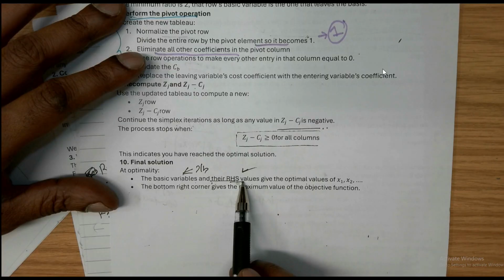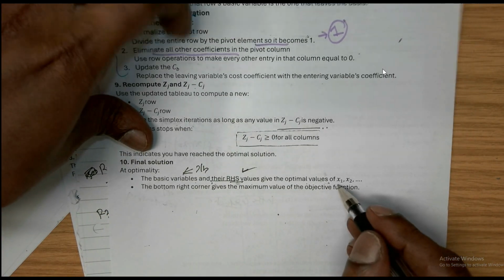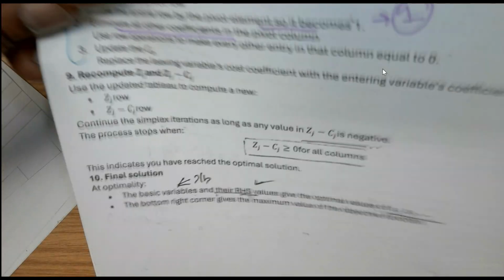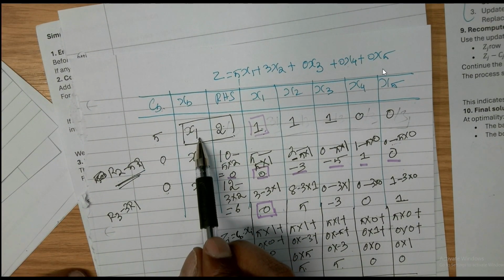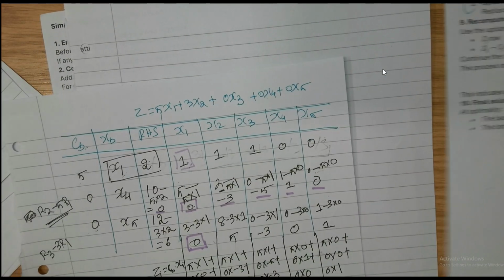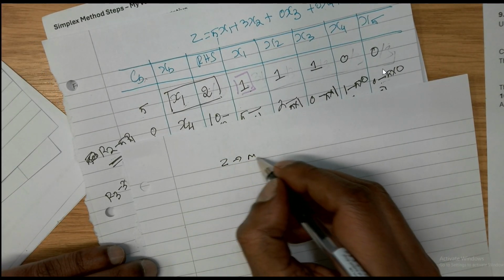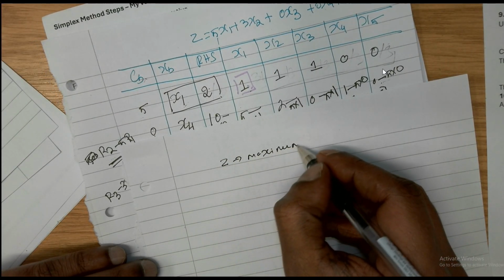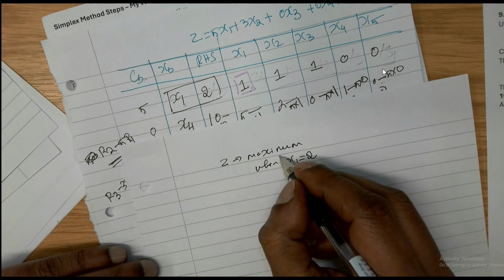The basic variables and their RHS values give the optimum values of the decision variables. In this case, the only decision variable we have is x1, which means x1 should be equal to 2. So your profit, your Z, will be maximum when x1 is equal to 2.